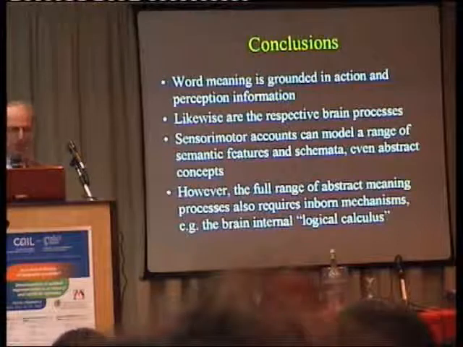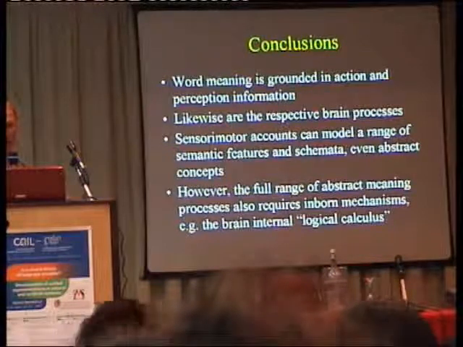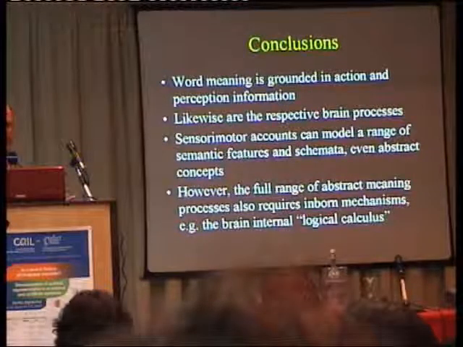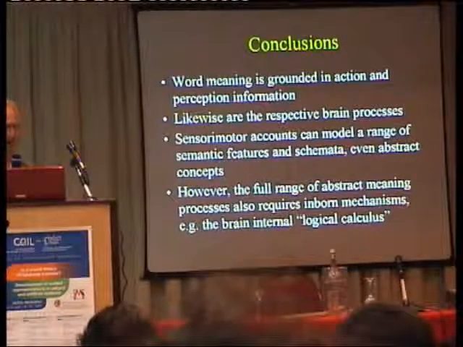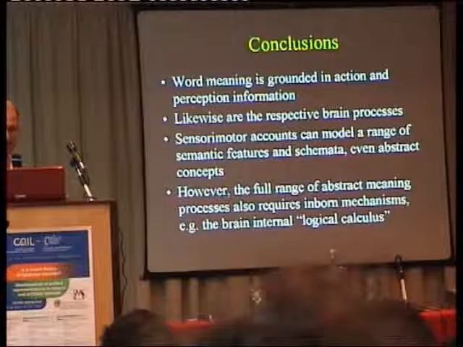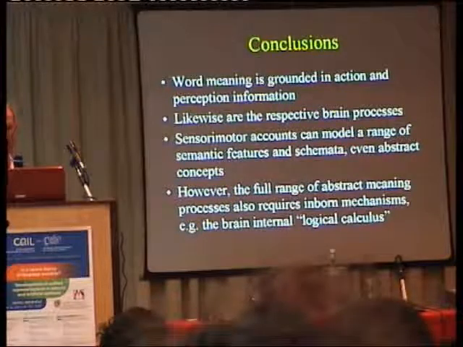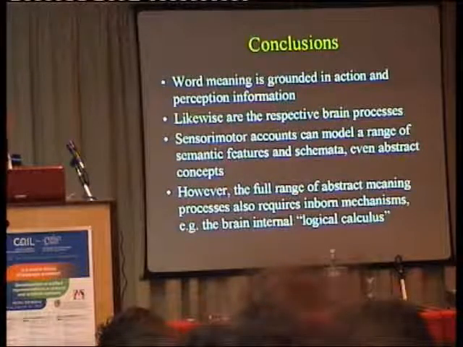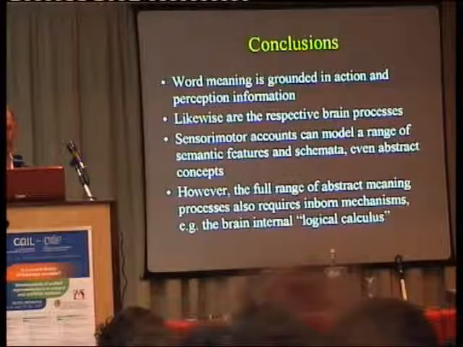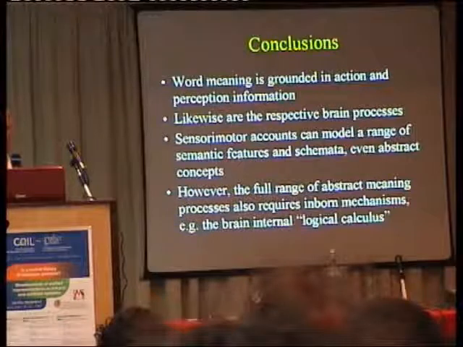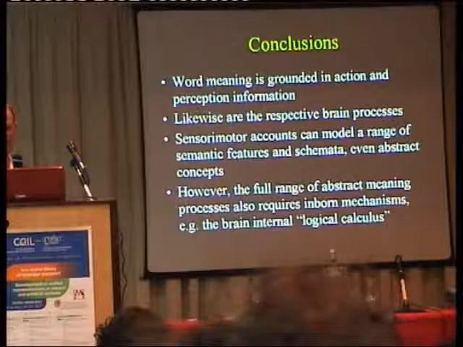Well, let me come to the conclusion slide. Word meaning is grounded in action and perceptual information. Likewise are the respective brain processes. Sensory motor accounts can model a range of semantic features and schemata, even abstract concepts to some degree. However, the full range of abstract meaning processes also requires inborn mechanisms.